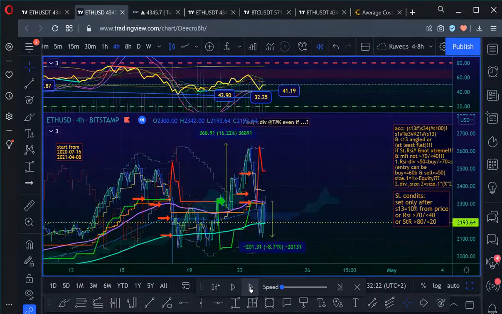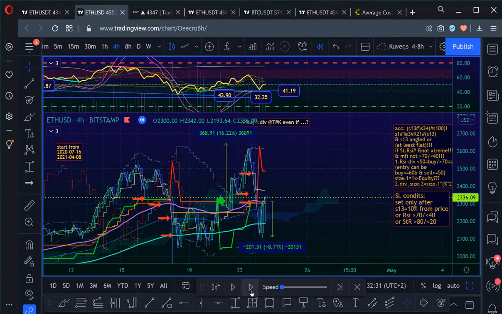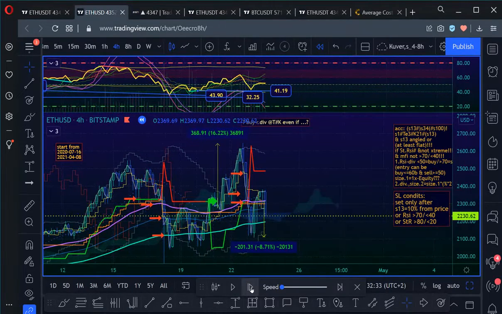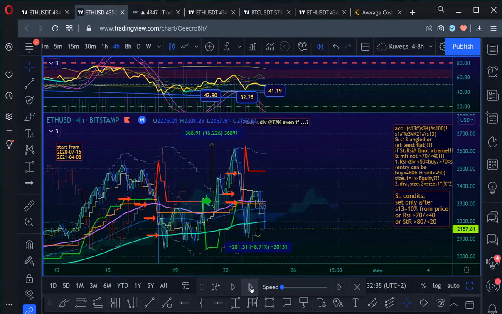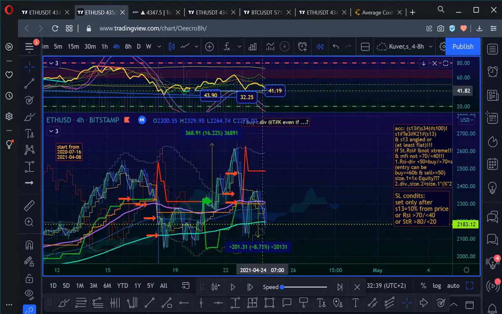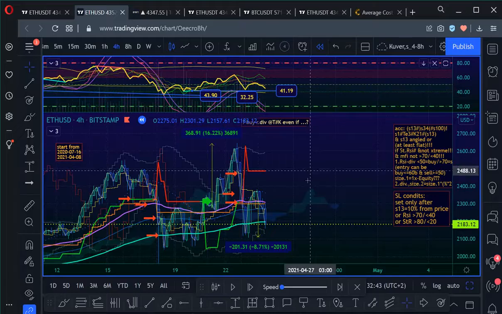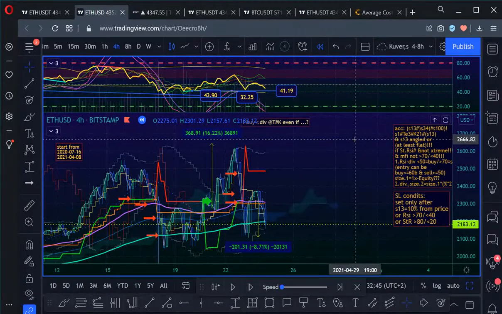So what do we have here? We have almost a class C, but not exactly. So then you may be waiting for your divergence and it never comes. So it goes down again. Do we have a divergence? 41.9. Not yet.